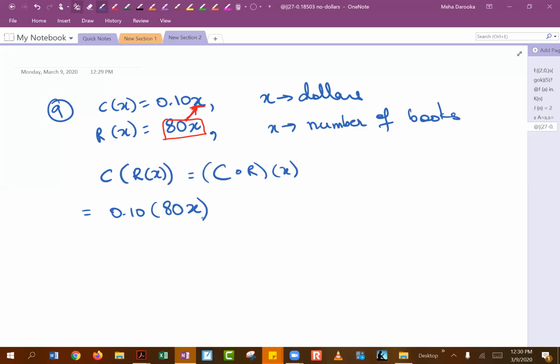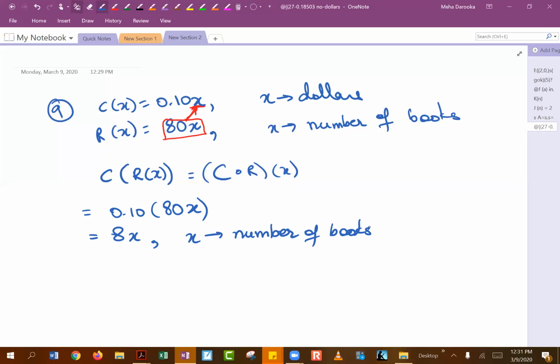Remember, the X gets replaced with 80X, which then ends up giving you 8 times X, where X is the number of books. Where X was representing the dollar amount, you're replacing that with the 80X, and this 80X is coming from the revenue function, where X was the number of books.